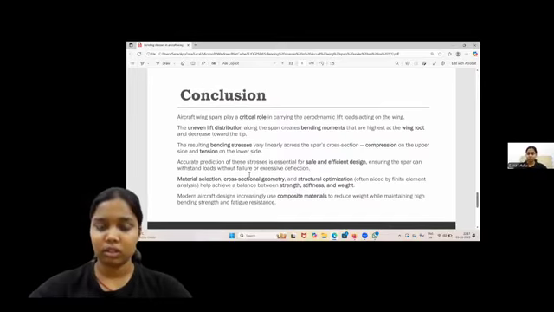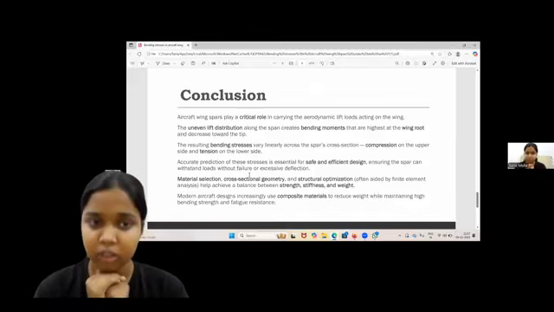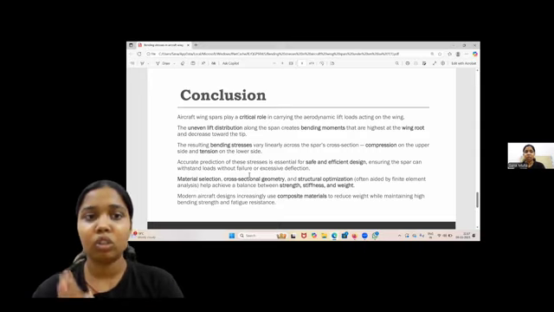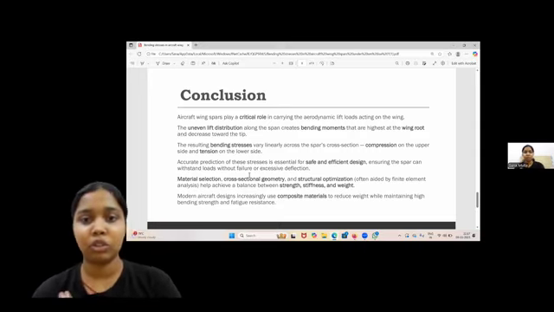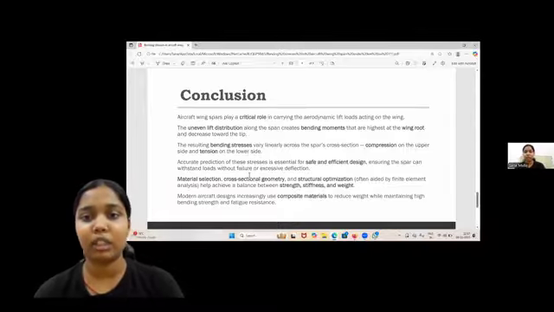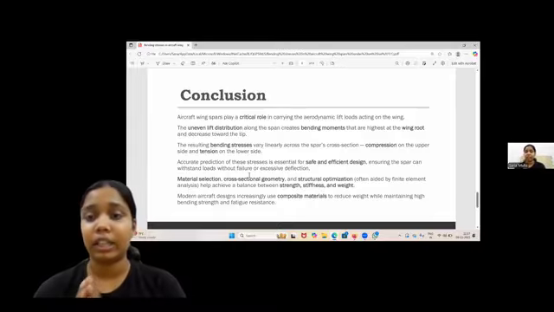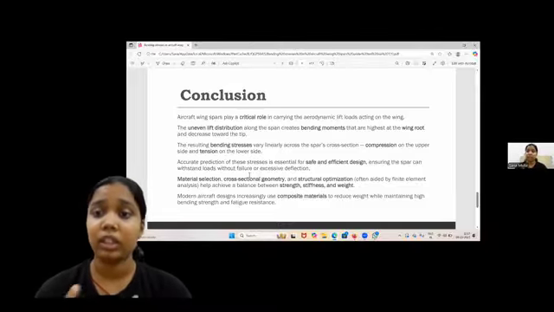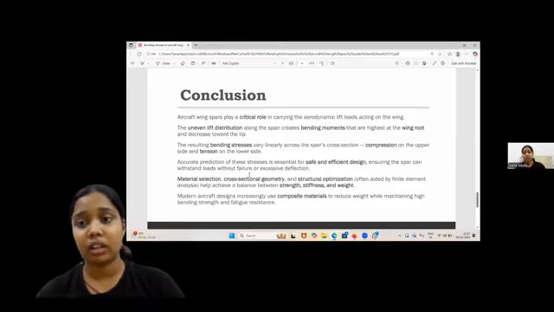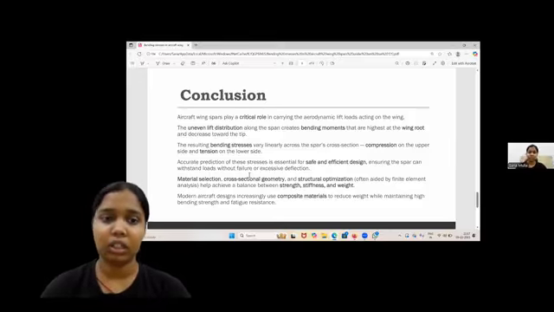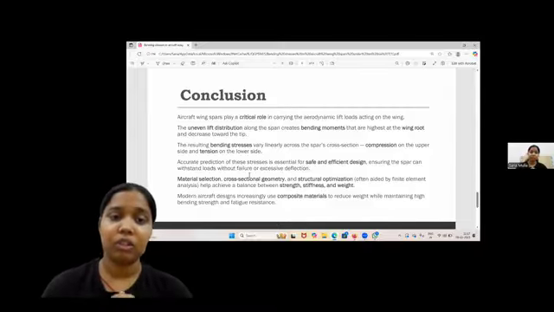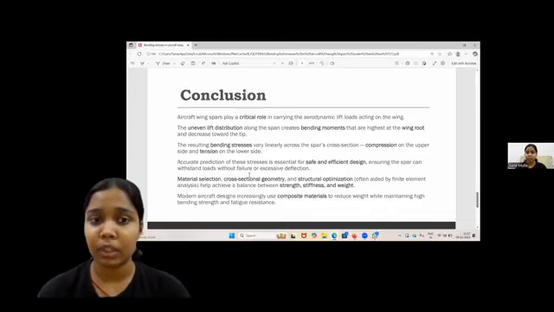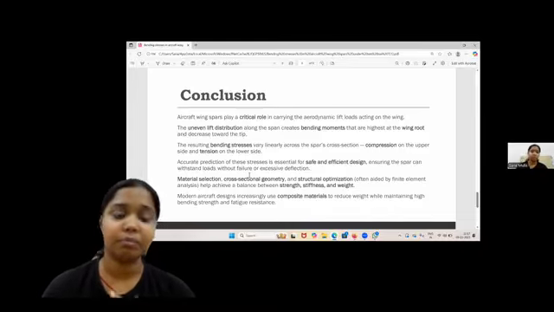Okay, so let's talk about the end, which is the conclusion. From this PPT, we got to know that aircraft wing spars play a crucial role in carrying the aerodynamic lift loads acting on the wing. The uneven lift distribution along the span creates bending moments, which are higher at the wing root and decrease towards the tips, resulting in bending stress: compression on the upper side and tension on the lower side.